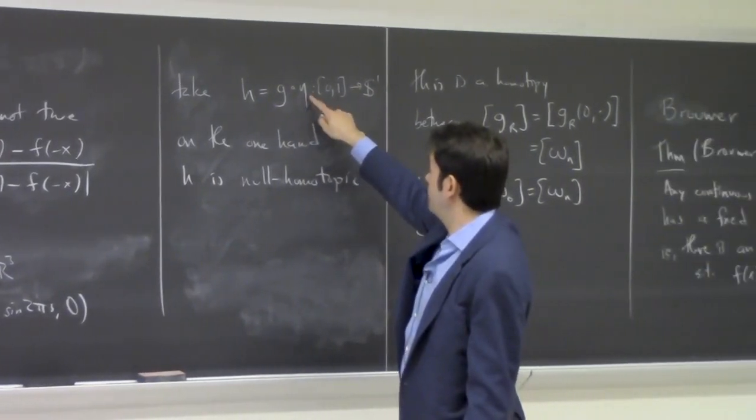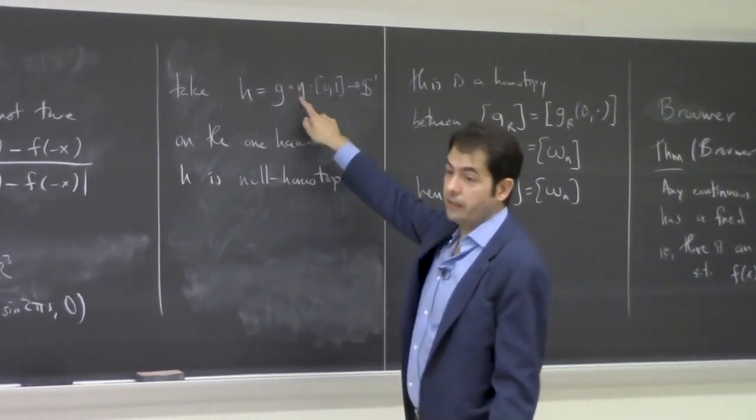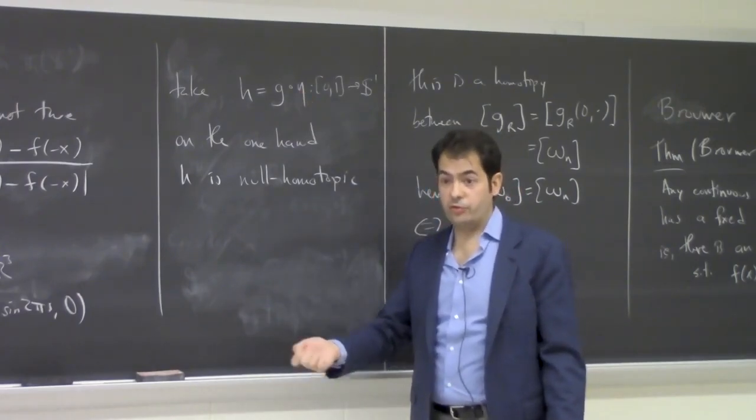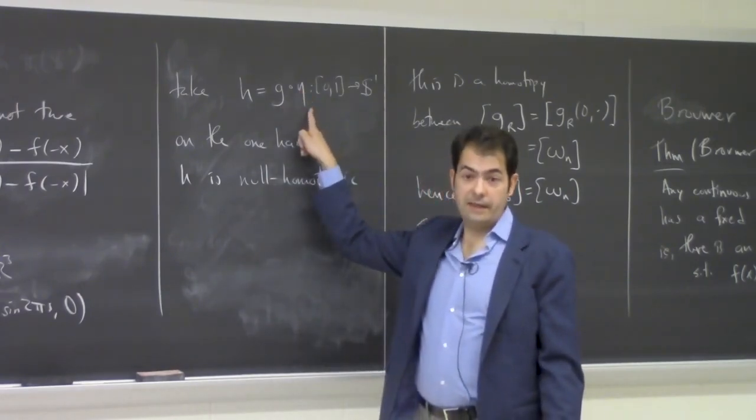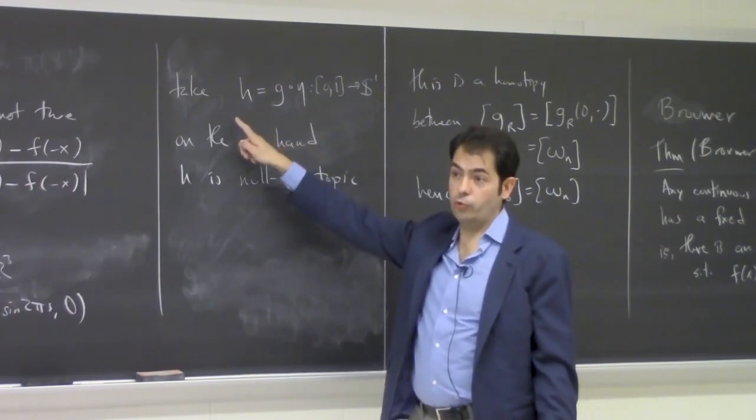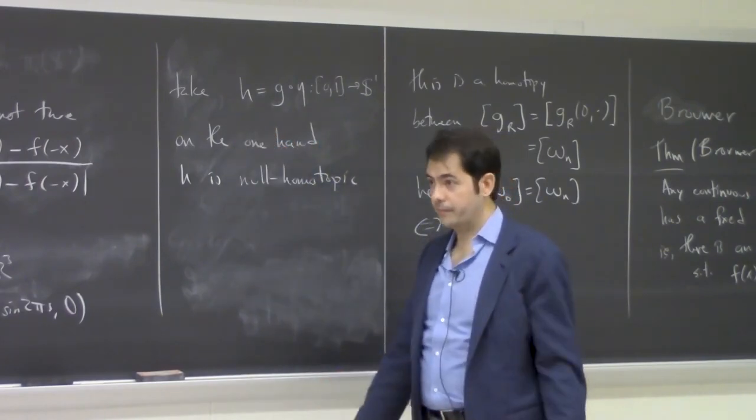Right, so if you give me a homotopy that starts at eta and ends up at a constant map, I can just compose that homotopy with G, and that'll give me a homotopy from H to a constant map. Right?